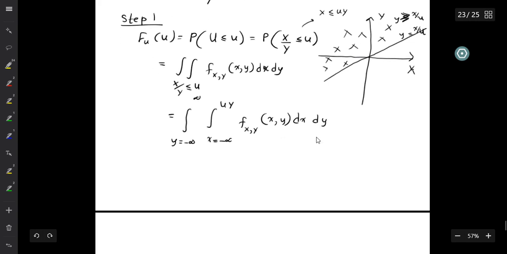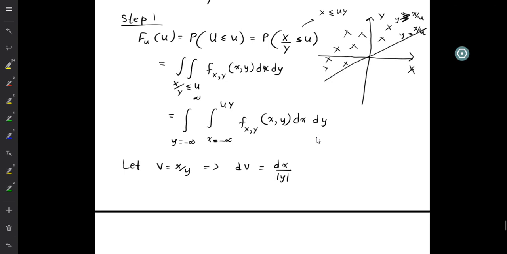Again, we are moving to the change of variable. I'm going to define my new variable v to be x over y. As in the previous case, you will end up with the absolute value of y in order to allow negative infinity up to plus infinity. Let's see what happens to the new limits of x.